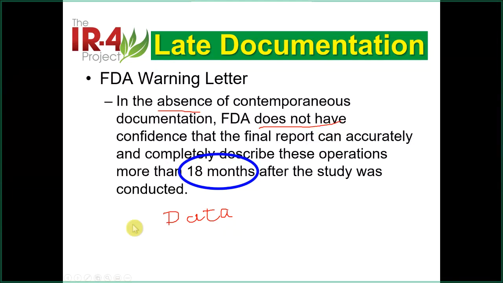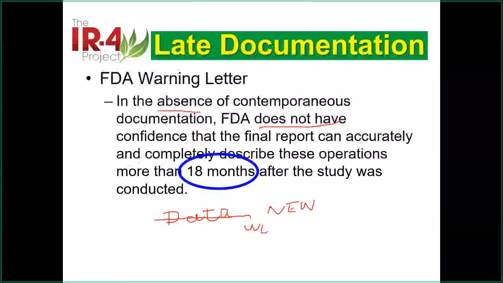We do the data correction like this: cross this out, write the new data, then you write a reason, such as this is a wrong entry, and you put the signature there. We call that initial, and we put the new date there.